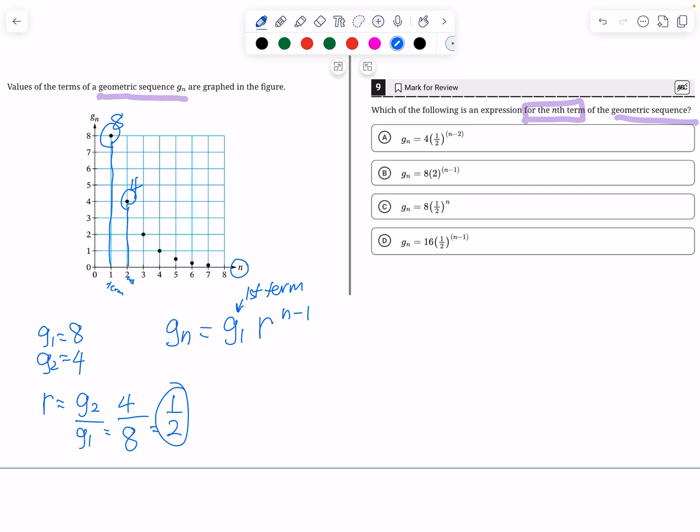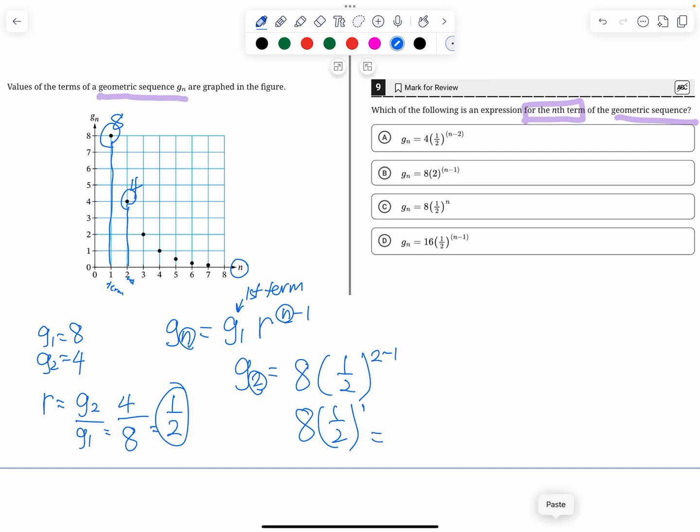So far, let me go ahead and plug this in. We have that the second term is the first term, which is 8, times the common ratio, and look over here, this is my n, so I plug it into n, 2 minus 1. 2 minus 1 is 1, so 1/2 to the 1 power is still 1/2, and half of 8 is 4, and you can see that the second term was 4, so that formula worked.